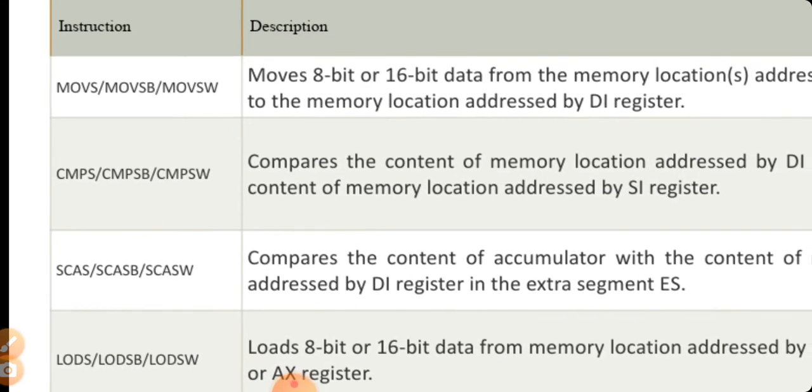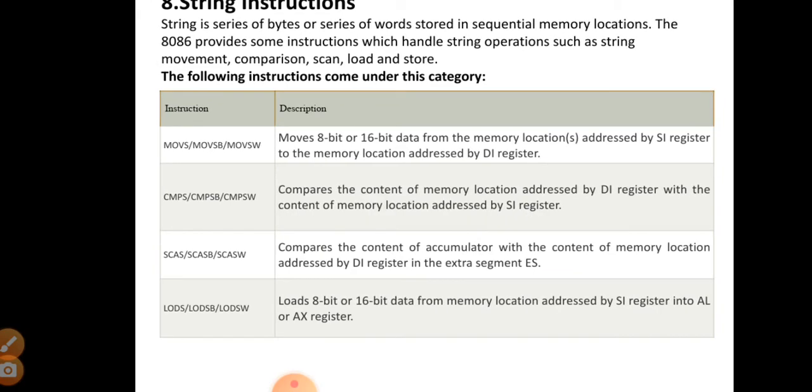It compares the content of the memory location addressed by the DI register with the content of the memory location addressed by the SI register. The string instruction performs the operation on the source index and destination index. Here also it compares the content of the memory location addressed by the DI register with the content of the memory location addressed by the SI register.